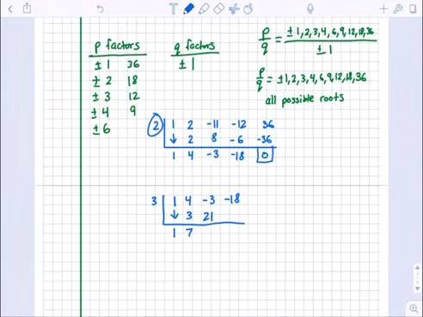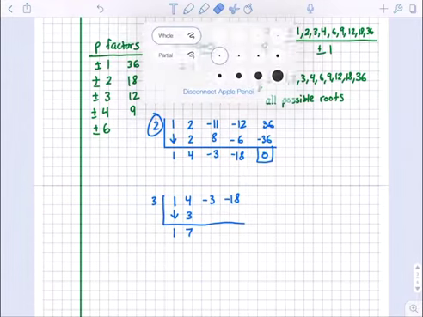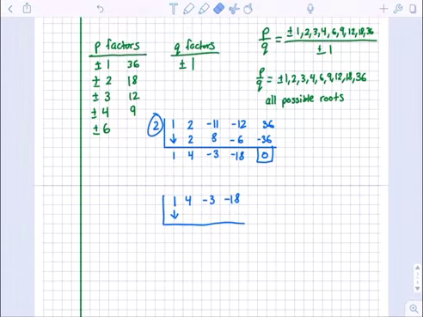Well, that's not going to work, so I'm not going to go any further with that one. Let's try negative 3. 1 times negative 3, negative 3. 1 times negative 3, negative 3, negative 6. Oh, nice. So we found 2 roots.